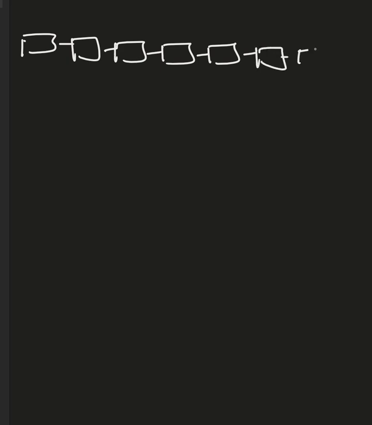Let's try this with 7 elements to see if it's true for that case as well. Slow pointer and fast pointer. Let's move the slow pointer 1 step, then the fast pointer 2 steps, then the slow pointer 1 step, fast pointer 2 steps, slow pointer 1 step, fast pointer 2 steps.